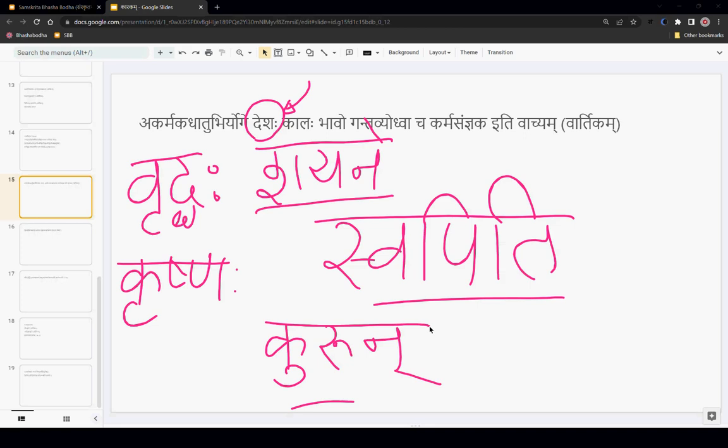When he actually wants to occupy that state, or conquering kind of thing, permanently staying there, when that kind of intention is there, then use this kind of karma samjna here. If an intense desire for that state, or for that people, or for that region is there, then use this Krishna Kurun Swapiti, like this.